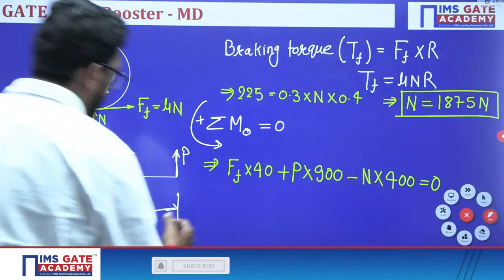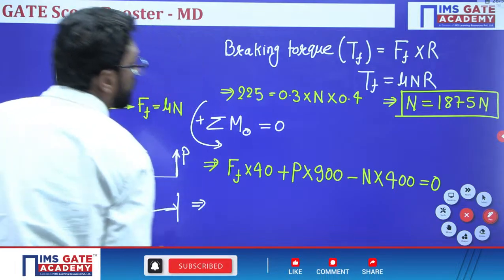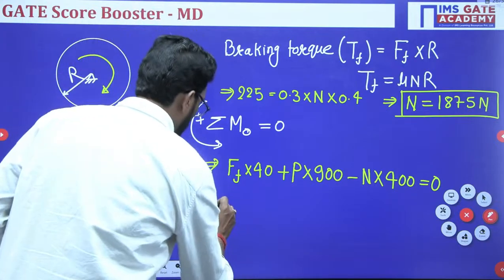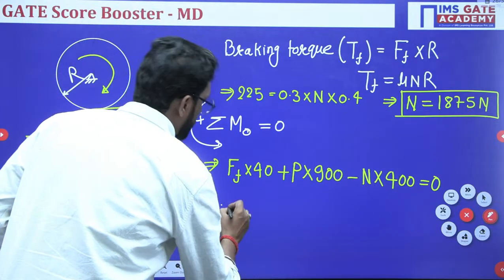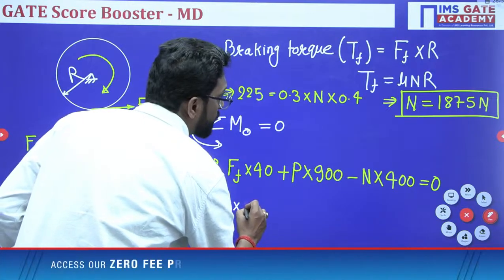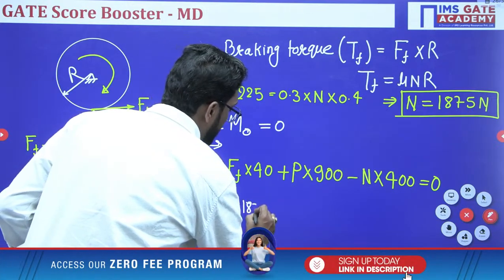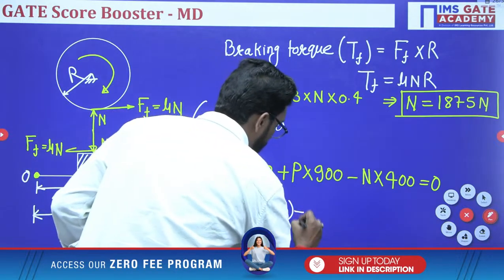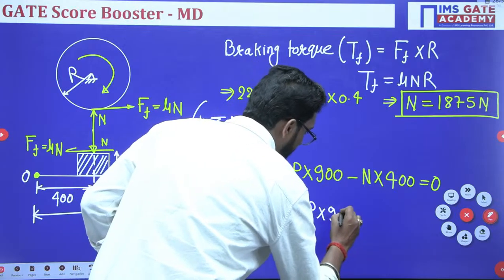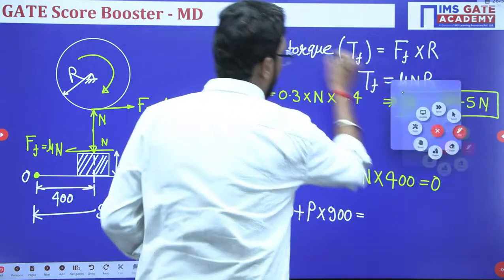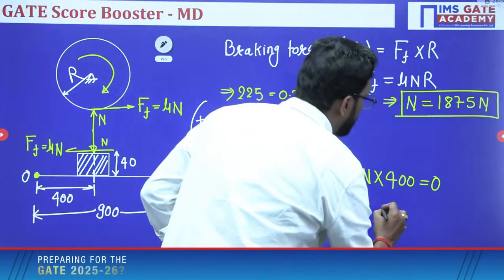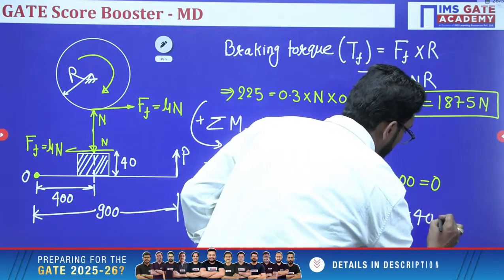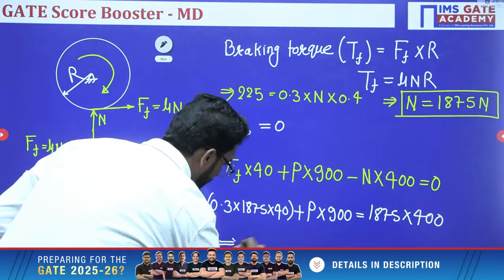Okay, what is the friction force? Mu into N. So mu is 0.3, N is your 1875, into 40, plus P, which we have to find, into 900 is equal to N, that is 1875, into 400. From this relation we can easily find the P value.